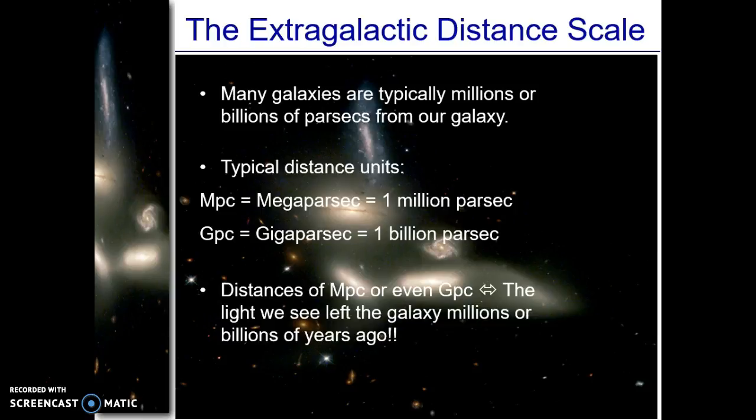Just remember that with distances of megaparsecs or gigaparsecs, this is light that left that galaxy millions and billions of years ago. So you're actually seeing the past when you view them. When you see those stars in the sky, you're viewing the past. They call it look back times of millions or billions of years.